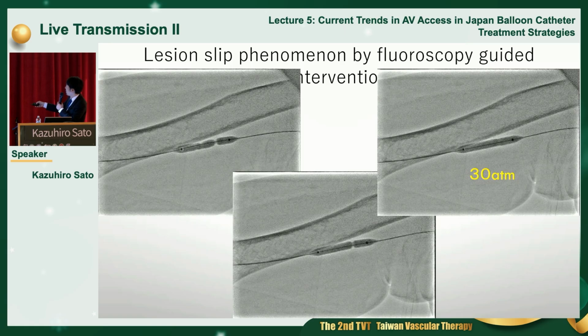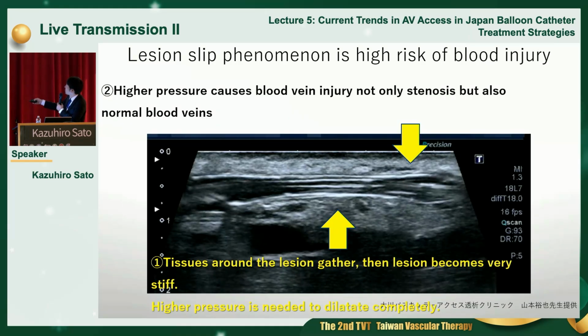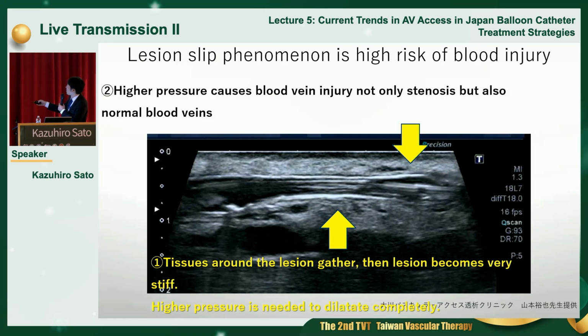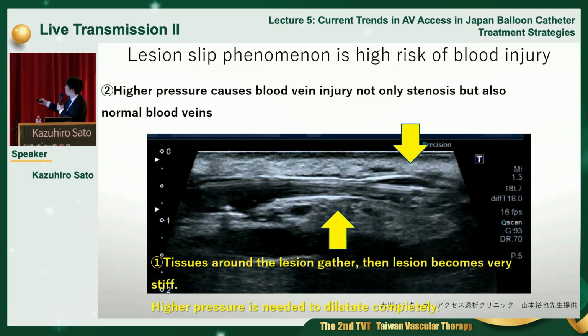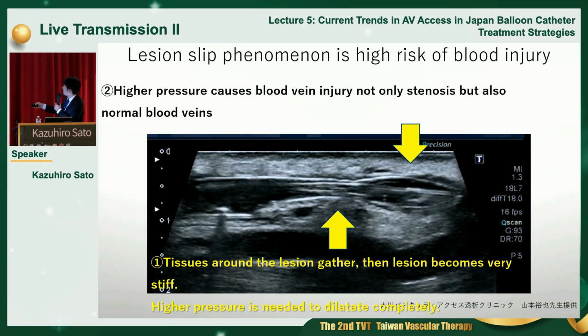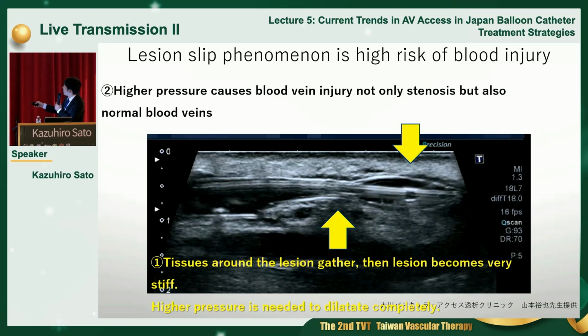So even if lesion slip occurs, the high pressure will dilate the stenosis completely. But lesion slip phenomenon is a bad thing. It is a high risk of blood vessel injury. And this movie shows the risk of blood vessel injury.